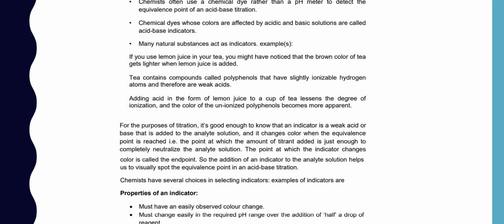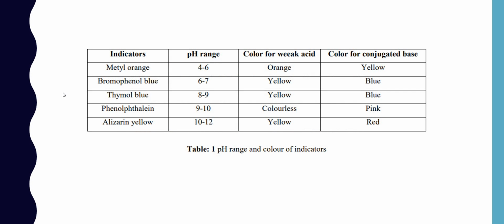Next, we studied the indicators used in aqueous acid-base titration. Different indicators which we can use in different pH ranges are mentioned, and also the color of these indicators, from which pH to which pH they change and how the color varies.